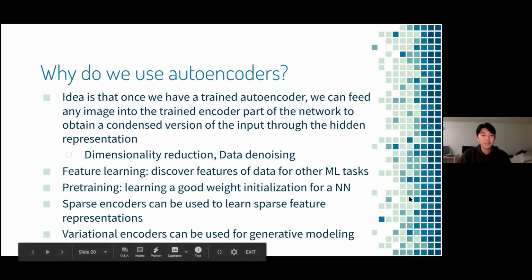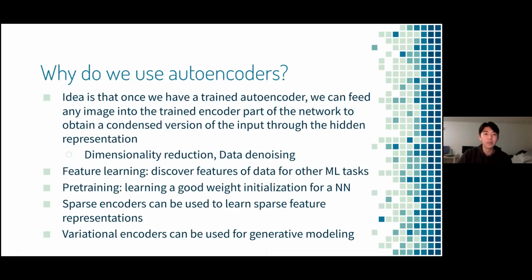Okay, and then we kind of went over this, but with this new information in mind, we use autoencoders because they help downstream tasks for other machine learning objectives. We can think of dimensionality reduction, in which we have a large input space and we want to reduce this down toward more meaningful features.